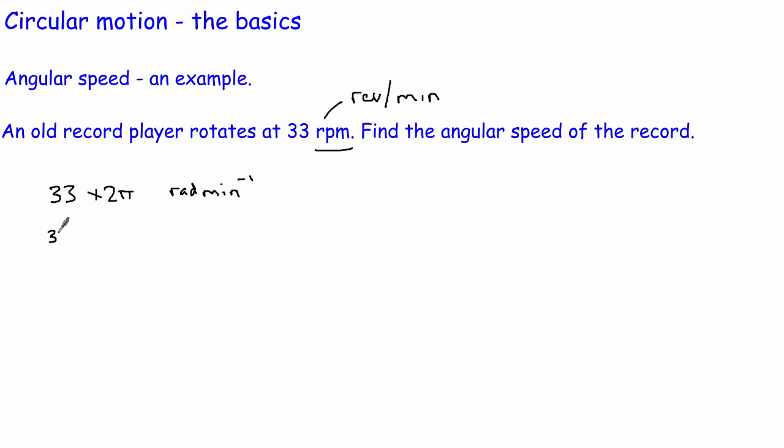To do that, I take the number of radians per minute and divide by 60 to get per second. If I do that on my calculator, I get that the angular speed is 3.5 radians per second. So every second, the thing's moving through 3.5 radians. That's how you work out the angular speed.